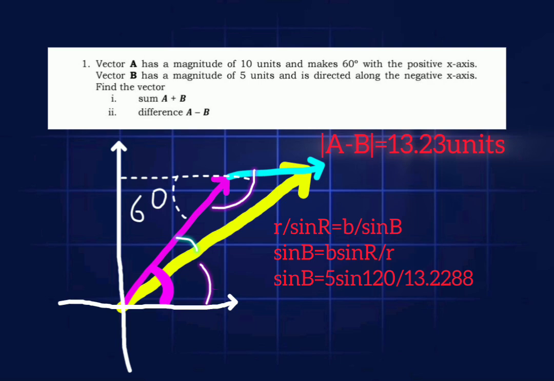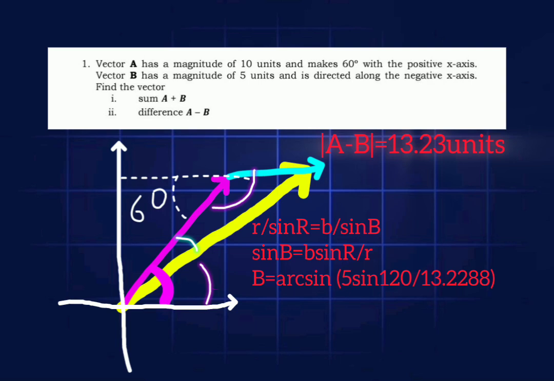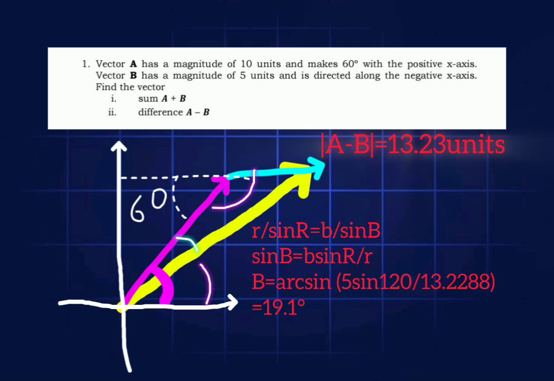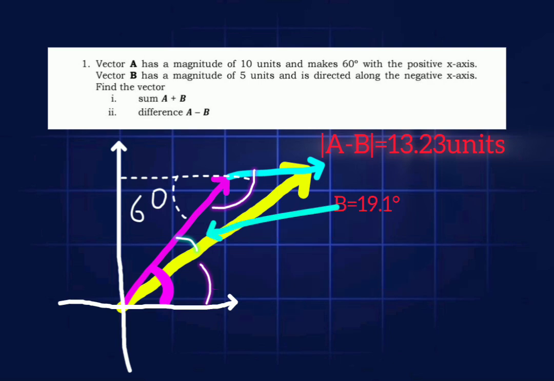Now let's get rid of this sine which is connected to our B. So that's going to give us arcsine. B is equal to arcsine, or sine inverse, of this expression right here that I will not punch. You can do that on your calculator. This is going to give us something close to 19.1 degrees. So this is 19.1 degrees right there.